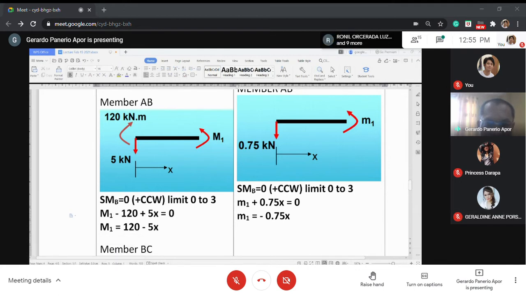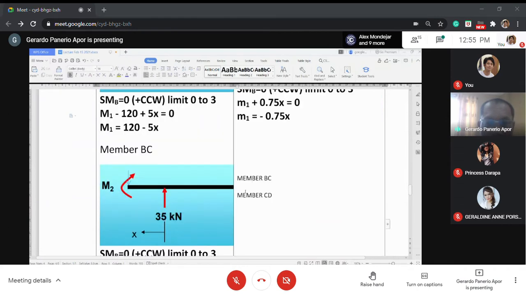And for member BC, our diagram will become like this.